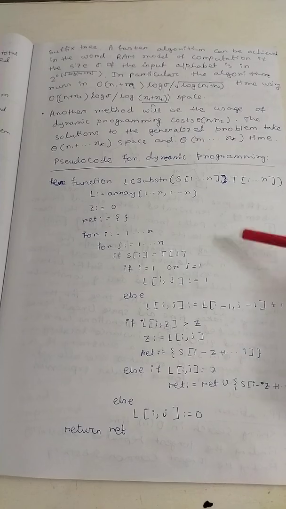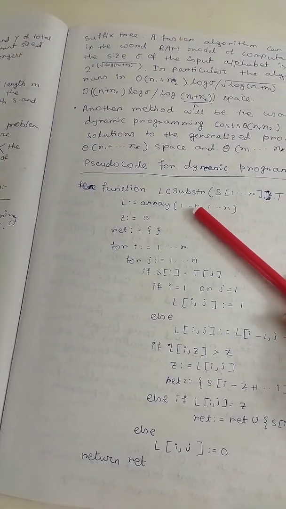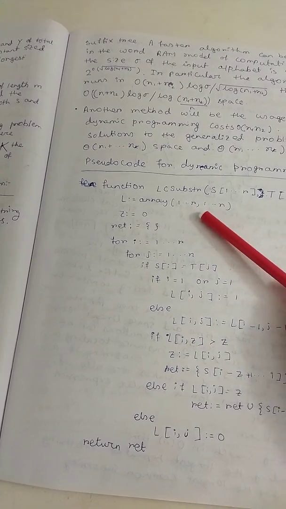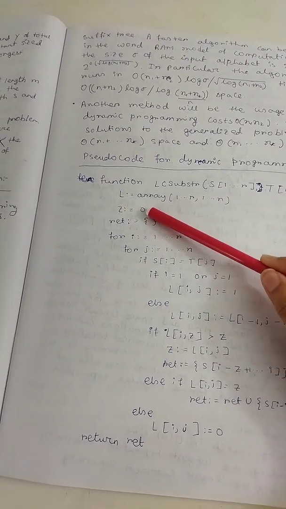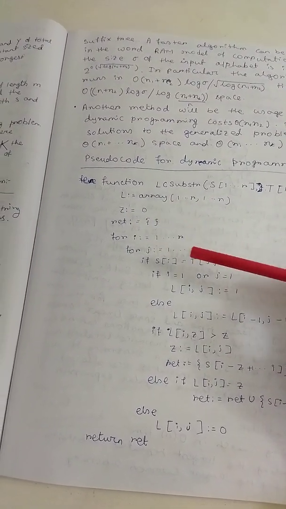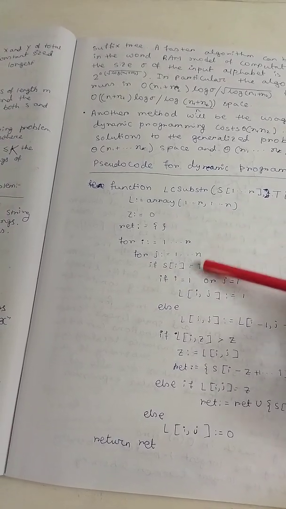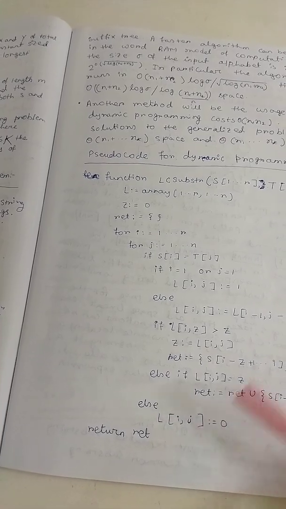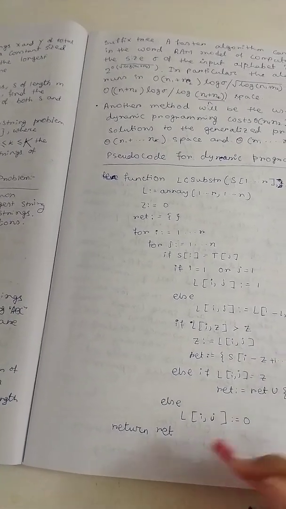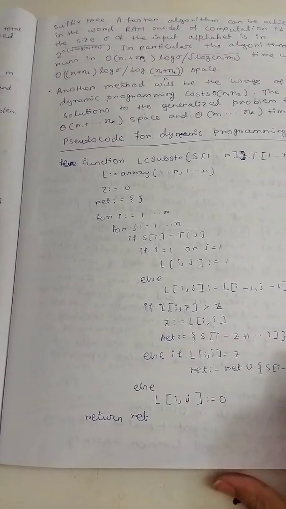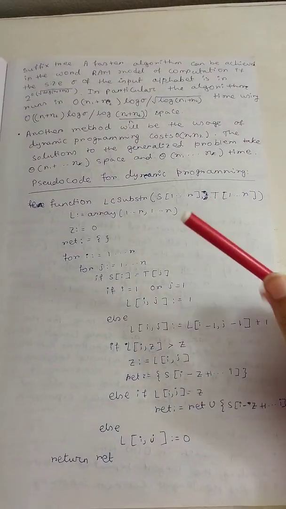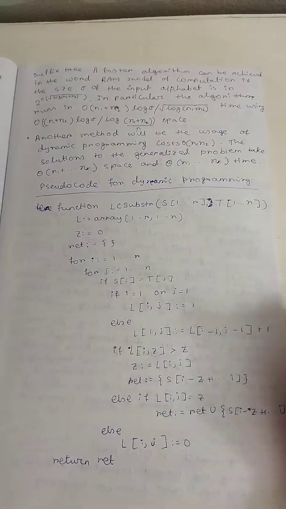For the rest, I am taking the longest common substring function, initializing the array, initializing z as 0, then doing the loop and returning the result value, which is the substring. This is the dynamic programming. As it takes order of n square time, we are not taking it.